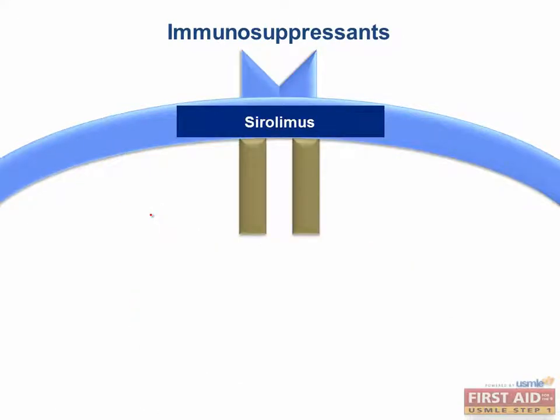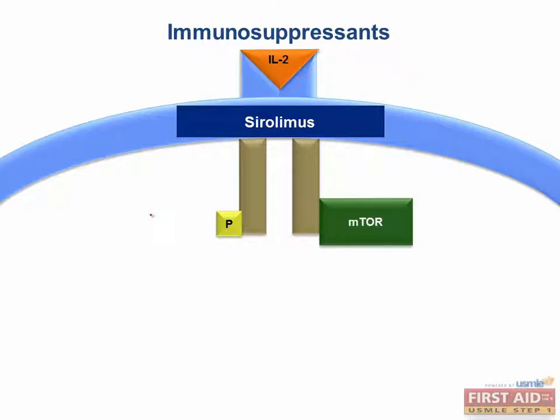So the next one is sirolimus. This acts a little bit differently. So a different receptor, a tyrosine kinase receptor, kinase implies phosphorylation, is inhibited by the sirolimus. So the mTOR pathway in the whole MAP kinase cascade, which is involved in cell proliferation, this is inhibited by sirolimus.